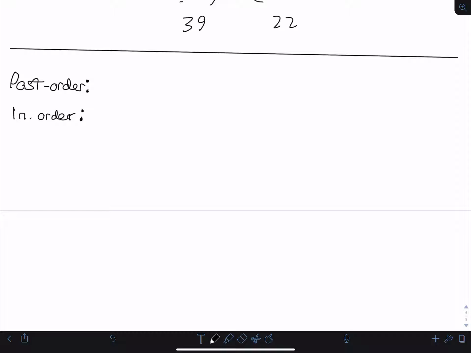I'll do the second one. And then for post-order, it's going to be left, left, left, left, left. E, T, T, I, 3, S, V, G. So E, T, lowercase t, uppercase T, I, 3, S, V, G. I guess I'm mixing numbers and letters.